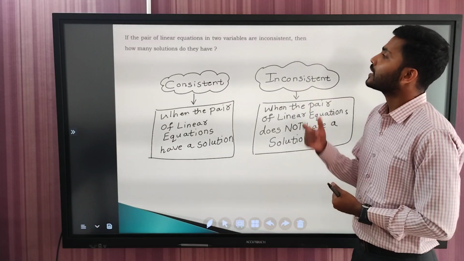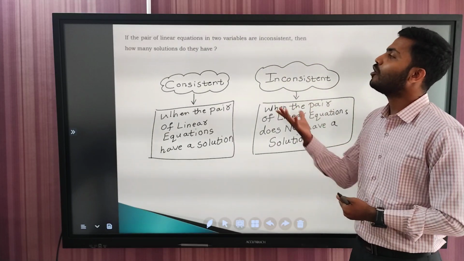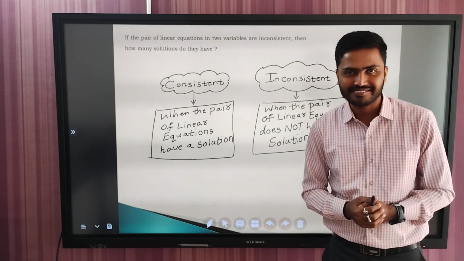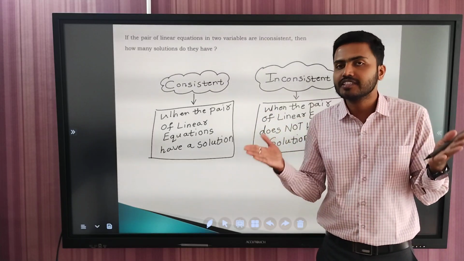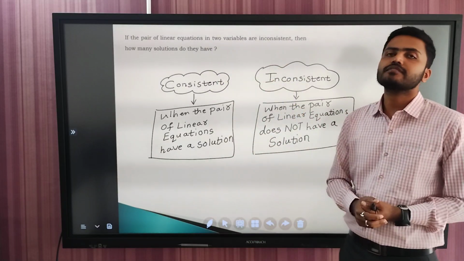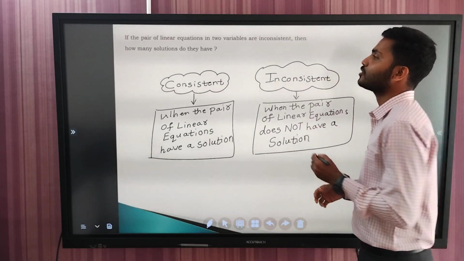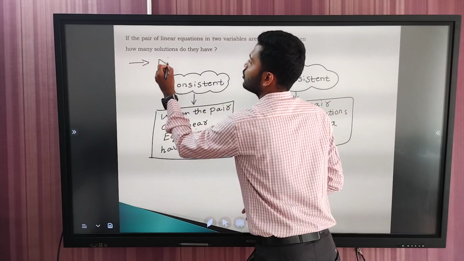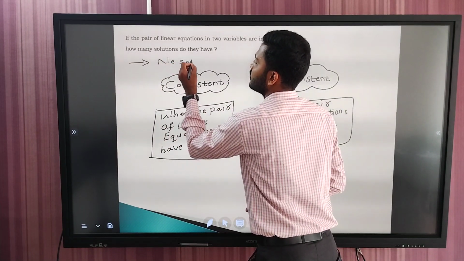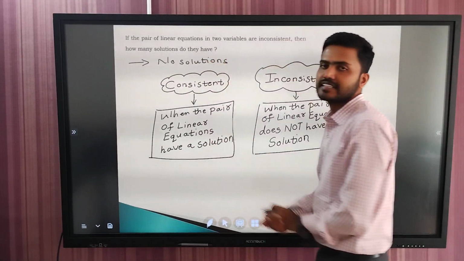The question says, if the pair of equations in two variables are consistent, then how many solutions do they have? Okay, so the answer to this question is really very simple. There are no solutions for a pair of linear equations which are inconsistent.